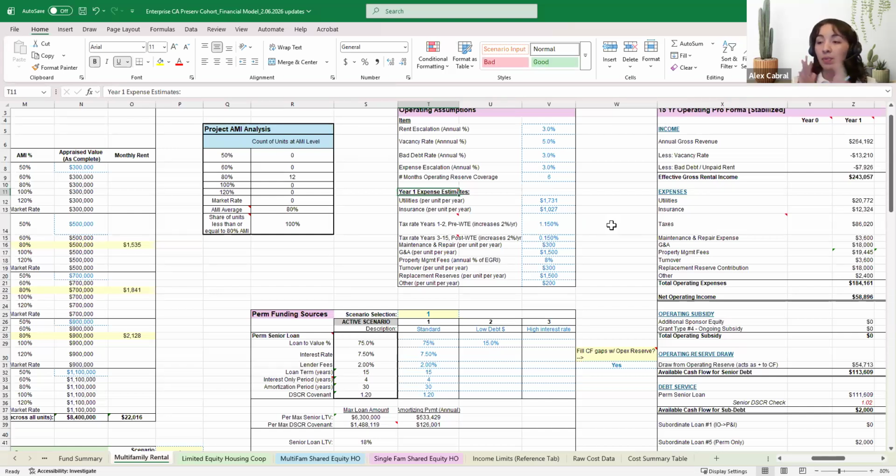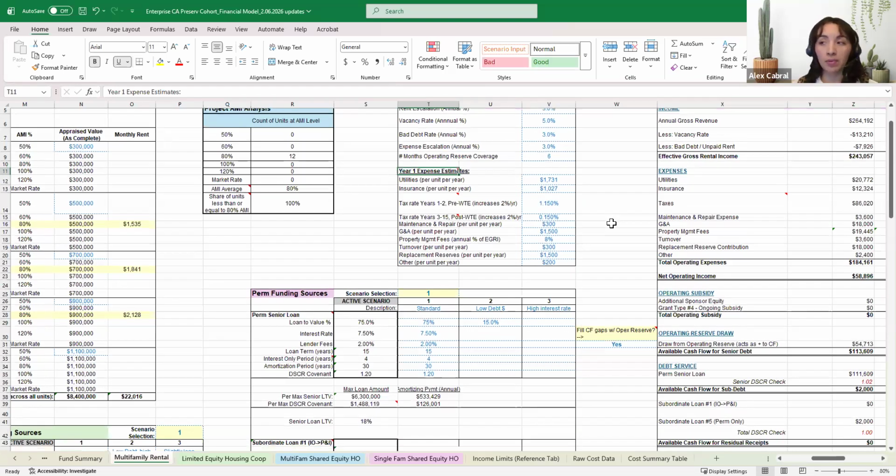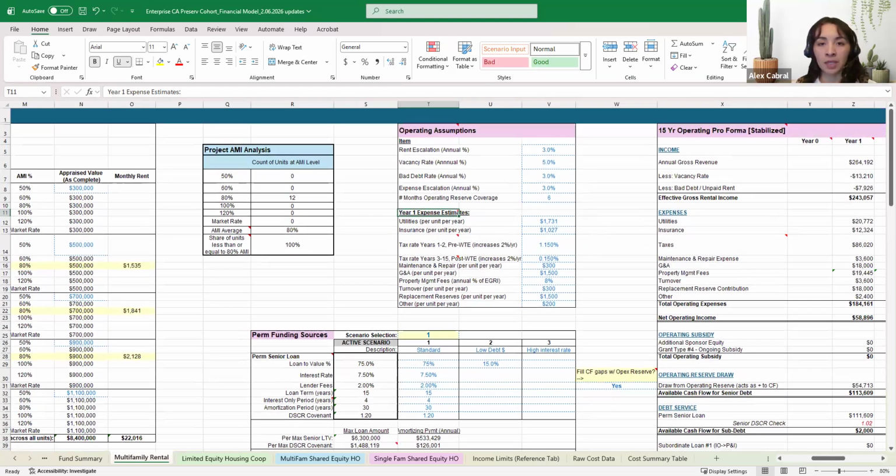That part of the process is not included in this pro forma. We have the acquisition, rehab costs, and we have an operating pro forma when the property is stabilized. We did not include an operating pro forma for when the property is undergoing rehab. So just keep that in mind.